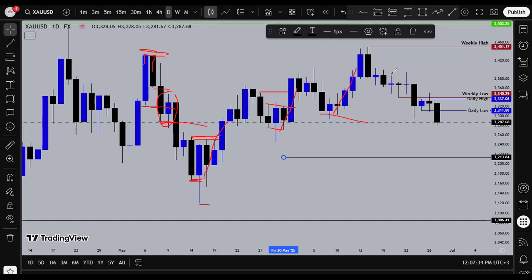You can see again in this point here, price failed to close here. The next days, what happened? Price moves bearish.